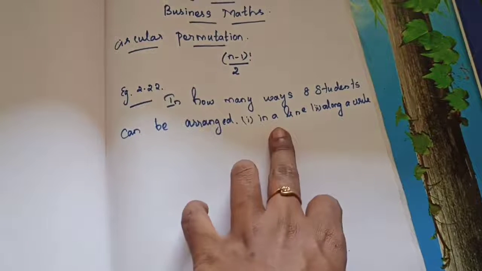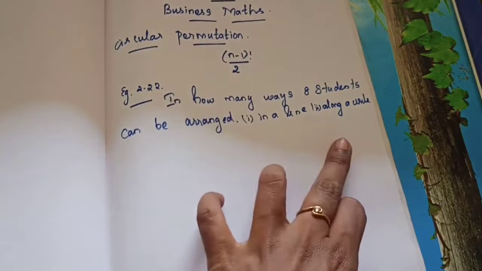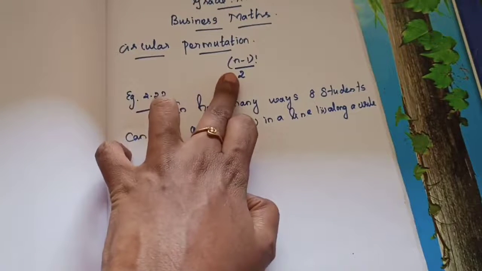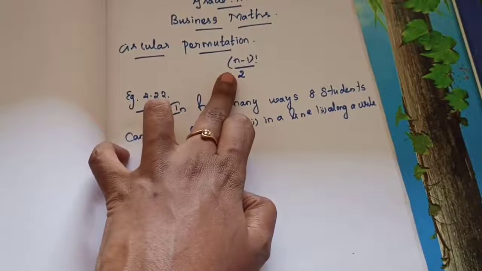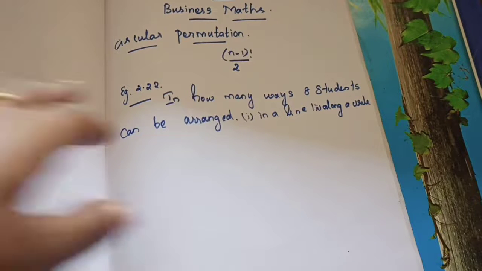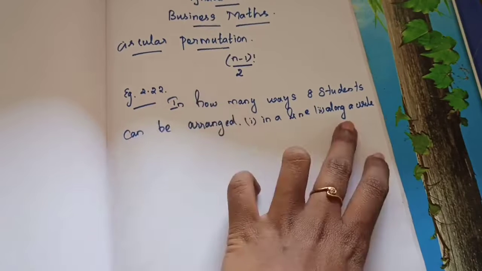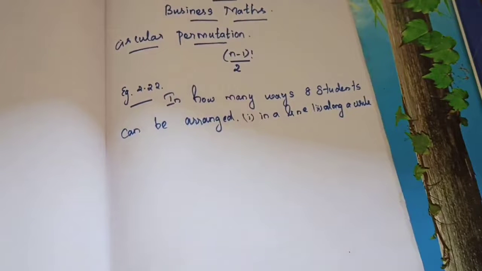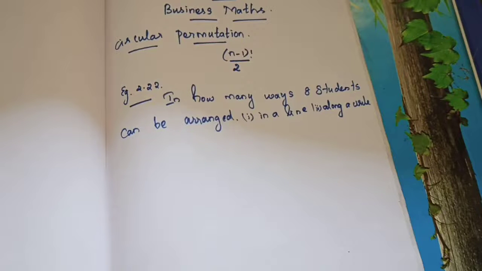Listen here very carefully. In a line, along a circle. This is not the formula for along a circle. What I said, both clockwise and anti-clockwise are identical; only then do we use that formula. Along a circle, in your book there is one formula: in general, the circular permutation of n different things taken all at a time is equal to (n minus 1) factorial. Take that to your note.